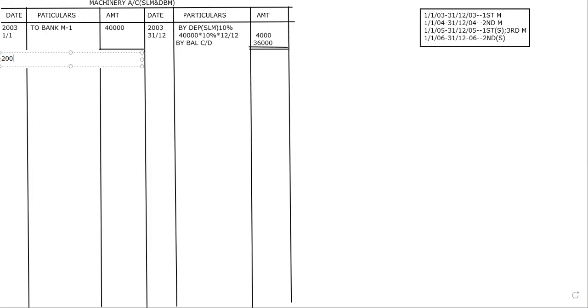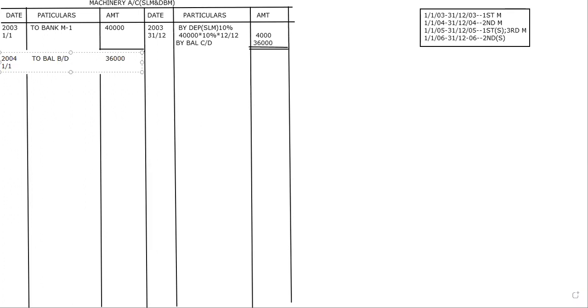Now I'm into 2004, that is January 1st. As usual, I'm going to write to balance brought down. So how much is the balance brought down? 36,000.